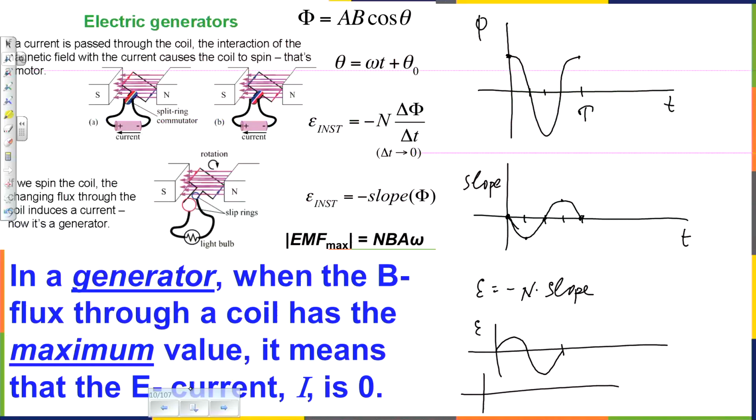And of course, if we really want to, we can add a graph for electric current, which is basically a copy of the graph for the slope times -1 for the EMF. That's it. And we can repeat the same procedure for any graph. There will be a similar set for sine.